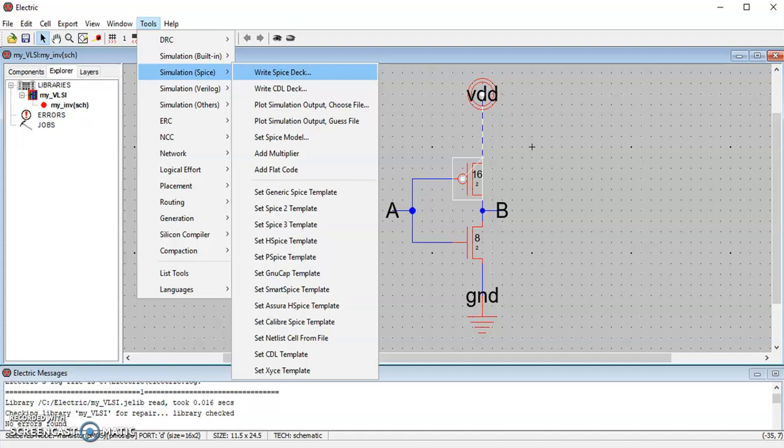So with a specific W by L ratio of NMOS and PMOS, you can write your SPICE deck. For various W by L ratios, just write a few different SPICE decks, which you can simulate in LTSpice and measure the required parameters.